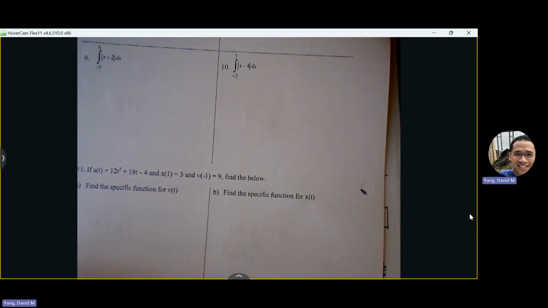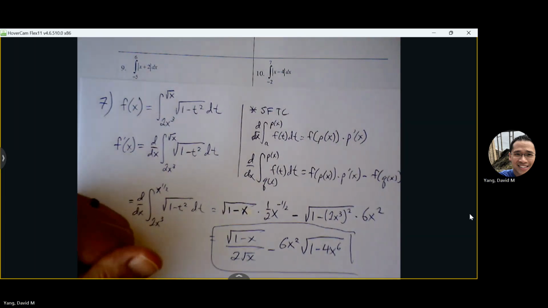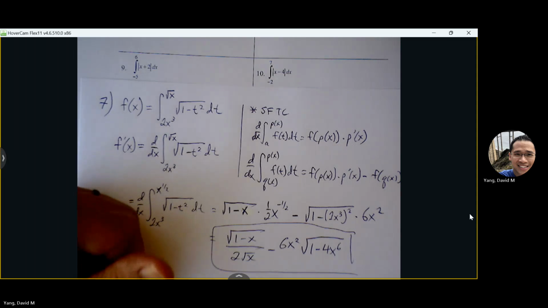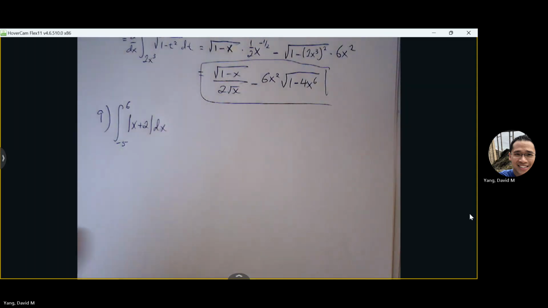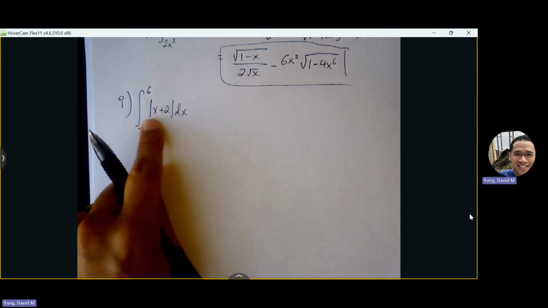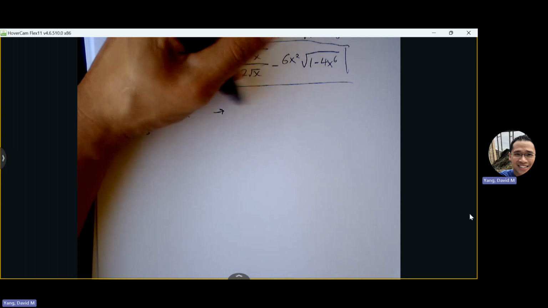All right, number 9. Let's talk about number 9 here. Okay, absolute value of x plus 2. This is really the same thing as this.